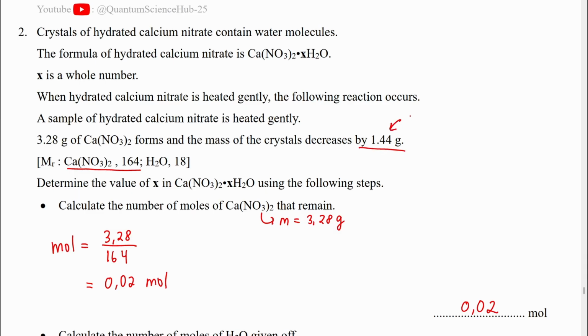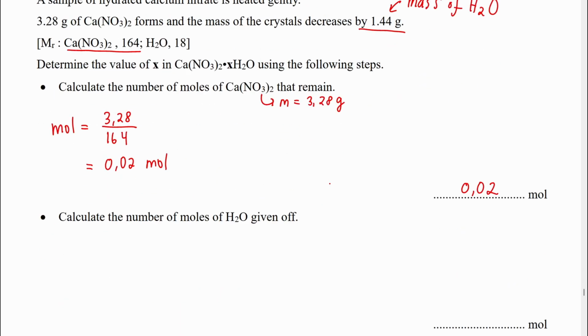So that means this is the mass of the water that evaporates. So we know the mass of H2O is 1.44 gram. Let's count the number of moles of H2O. Mole equals to mass over MR. The mass is 1.44 and divide the MR is given, which is 18, equals to 0.08.